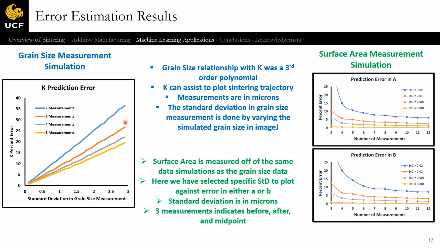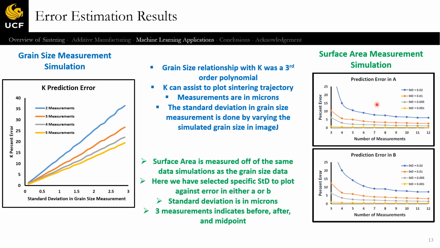Your error is only going to go down by less and less as you take more and more. Two measurements indicates before and after sintering. Three would indicate stopping the oven to take a measurement mid-sintering, and four you'd have to do that twice. So basically you can judge how well you want to know your sintering trajectory and perform that amount of measurements to accurately predict it.